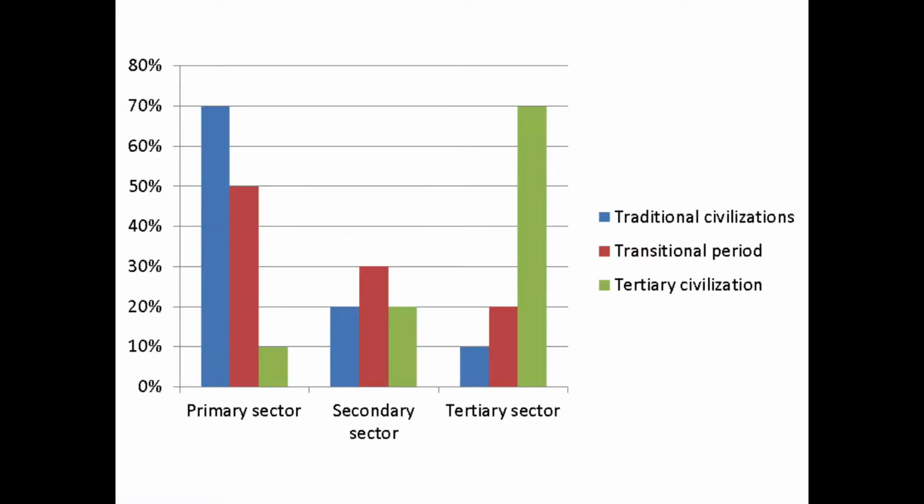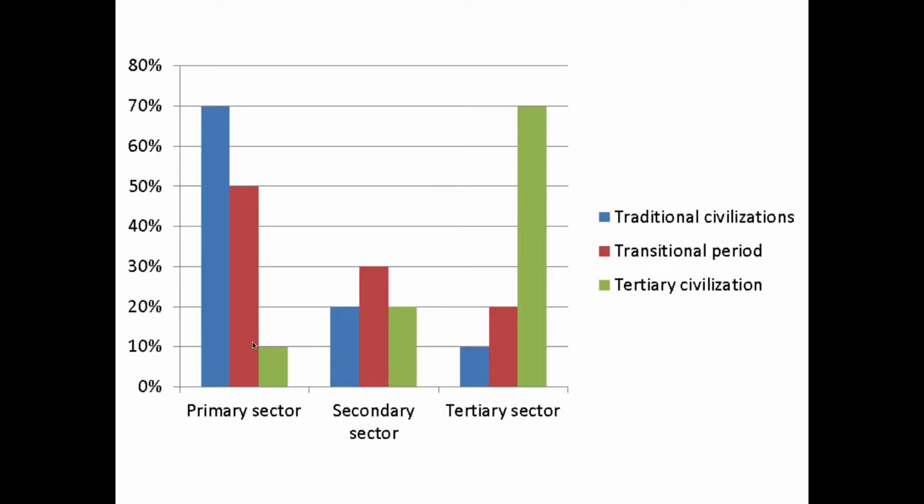What that follows on to is the fact that all of those changes in the jobs that people do can be turned into graphs, because we tend to do that in geography, don't we? We tend to turn it into graphs and figures, and we like to use data. And you can see here, if we look at the blue bars, that less developed countries, you would expect to have a really large primary sector and much smaller secondary and tertiary sectors.